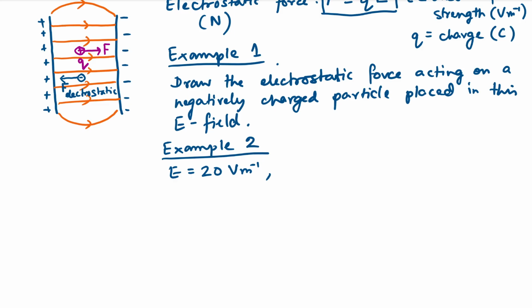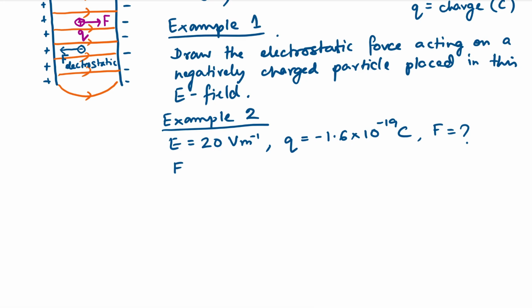You can even work out this electric field if you are given the voltage across the plates and the distance between the plates using the E equals V over d formula. And then let's say I have a charged particle placed in that electric field, which is an electron. So I know its charge is negative 1.6 times 10 to the power of minus 19 coulombs. I will have to work out how much is the electrostatic force acting on this electron placed in this electric field. So I'll start with the formula F equals QE.